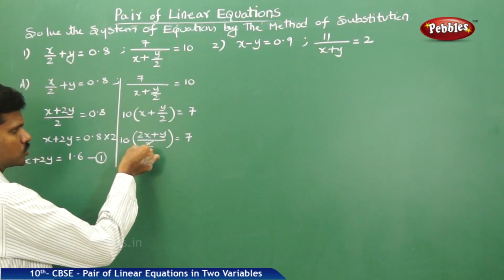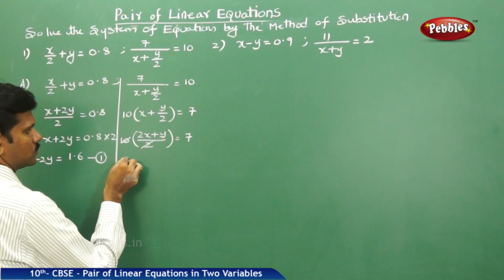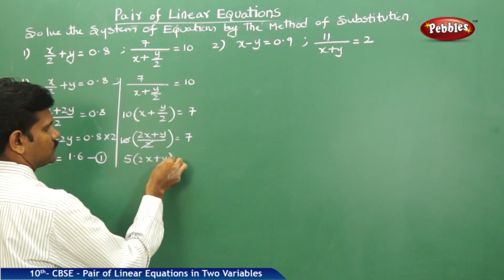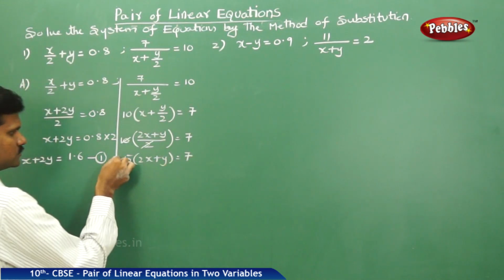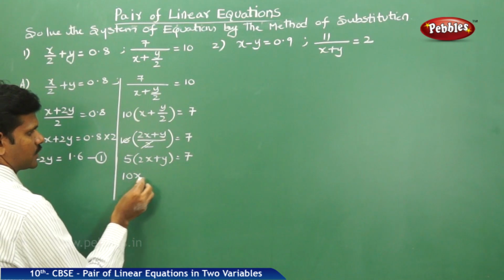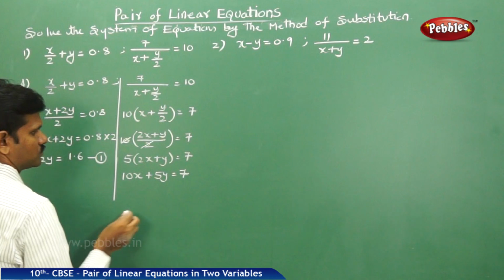That is, 2 tens are 10, 5 times. That is, 5 times 2x plus y is equal to 7. That is, 10x plus 5y is equal to 7.